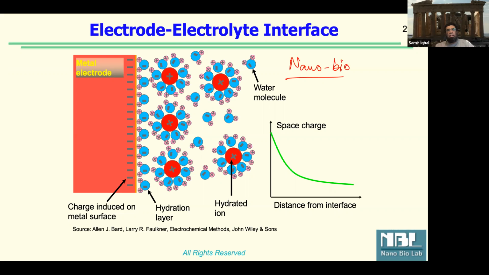Electrode and electrolyte interface. The thing is that in a sensor, for example, metal, electrons are free floating. They can easily move around. Now, in the solution, if you have overall positive charge or negative charge, whatever charge you have, if the charge accumulates on the surface, that's going to change the charge distribution in the metal.